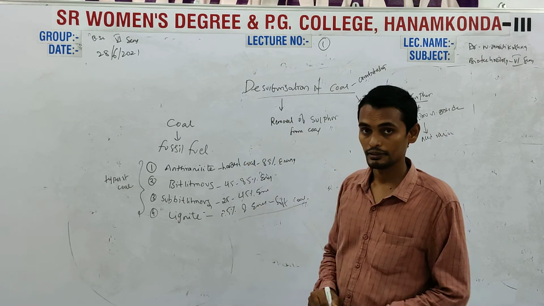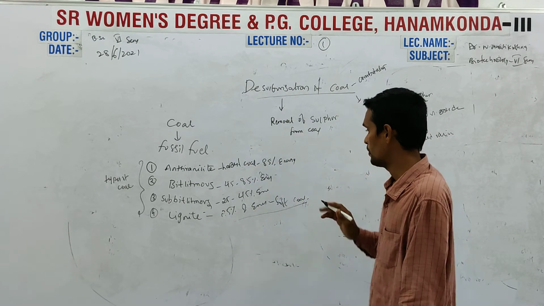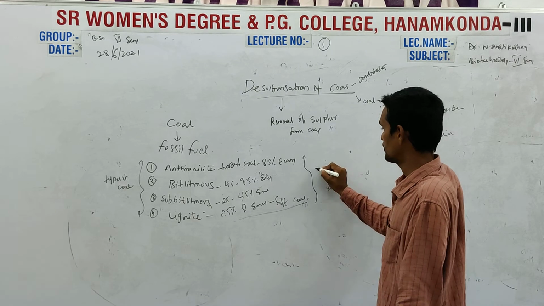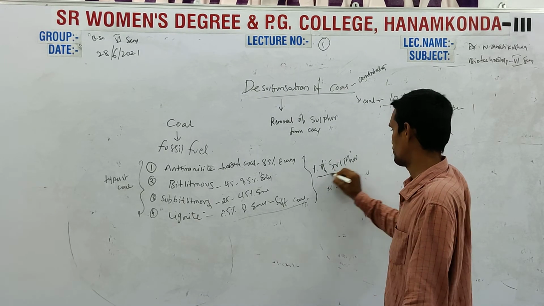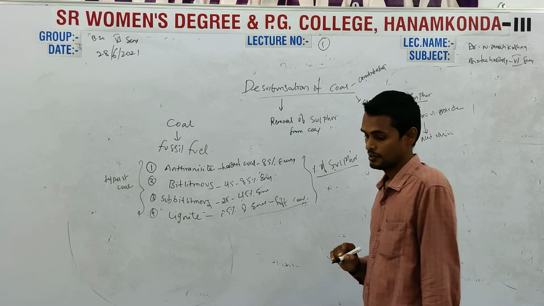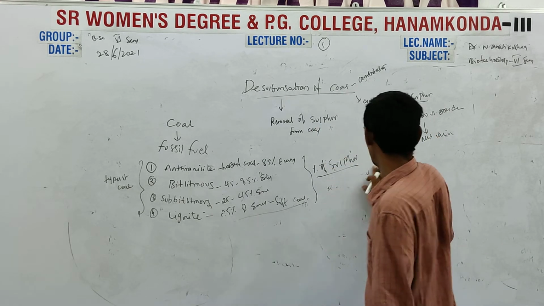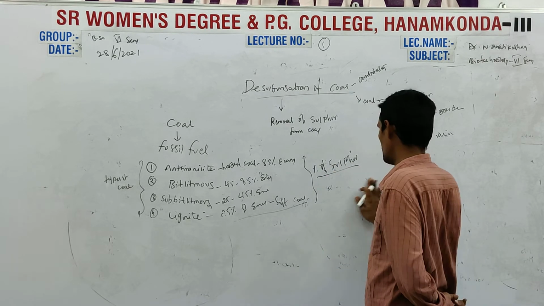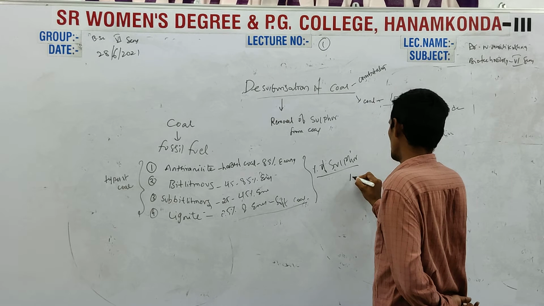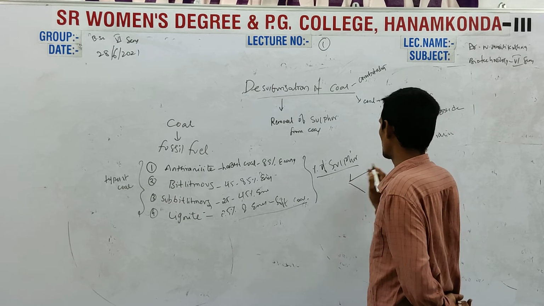All these 4 categories of coal contain different percentages of sulfur. The sulfur attached to the coal can be removed by 2 methods.